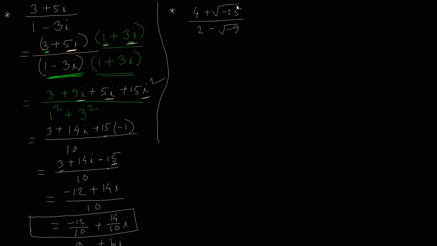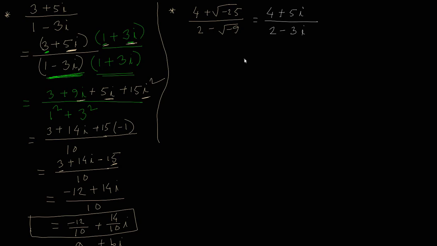As you can see, these two complex numbers are not using the symbol i, so we first need to make sure that we are dealing with i, because it is going to make our life easy. So 2 minus, we did it before, that will be 3i, and 4 plus square root of negative 25 is 5i. So we converted into these two complex numbers.